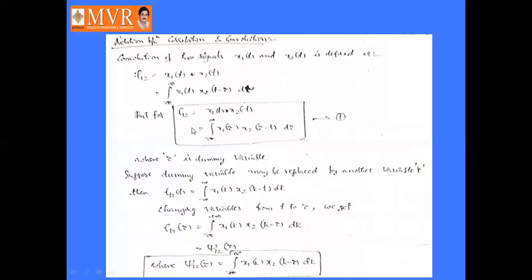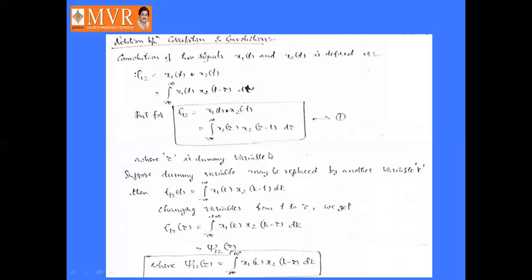But for rho12 equal to x1 of t convolved with x2 of minus t, we can write this as the integral from minus infinity to infinity of x1 of tau into x2 of tau minus t d tau. This is equation number 1, where tau is a dummy variable.